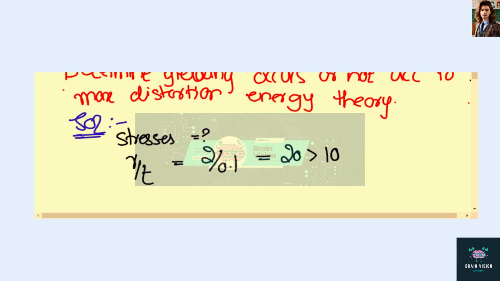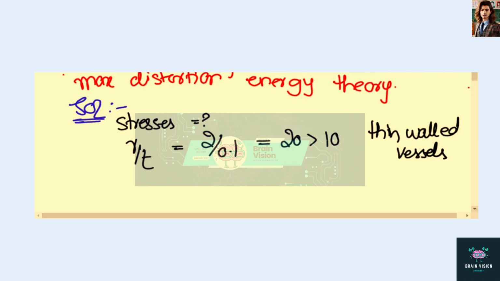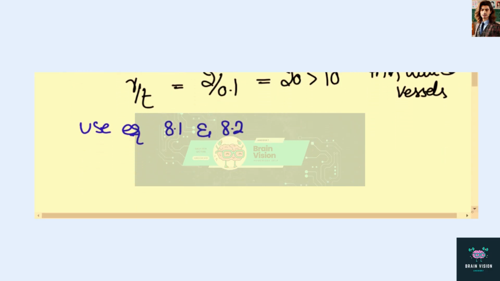So we can use chapter 8 theory for thin-walled vessels. We are going to use equations 8.1 and 8.2, because it applies here since we have a cylindrical thin-wall pressure vessel.